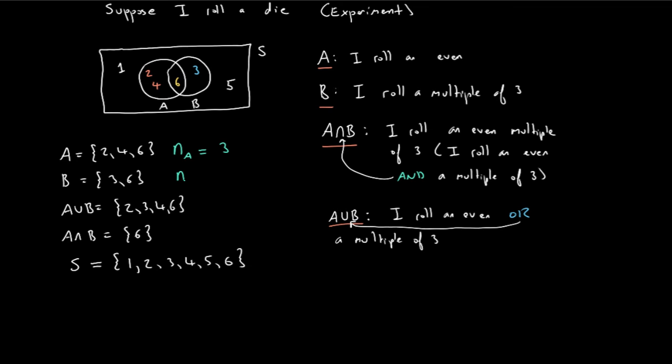And NB is the number of elements in B. That's 2. Now we write N, A union B, the number of elements in A union B. You can see there are 4 of them. The number of elements in A intersection B is just 1. And finally, the number of elements in the sample space, there are 6 of them because there are 6 results possible when you roll a die.